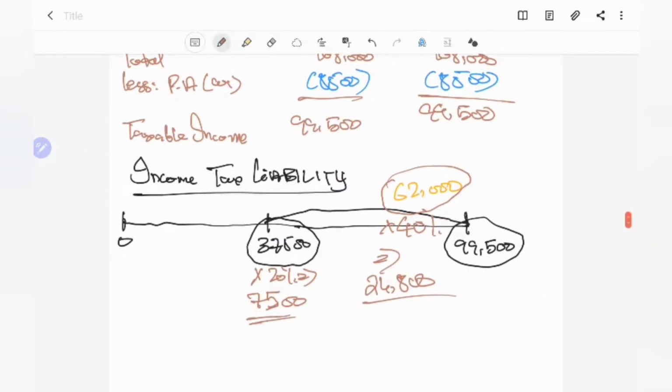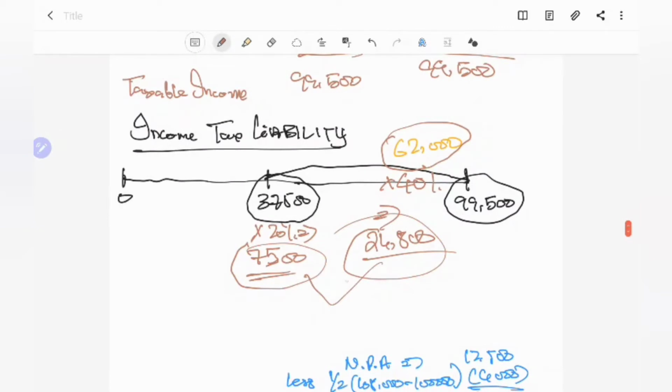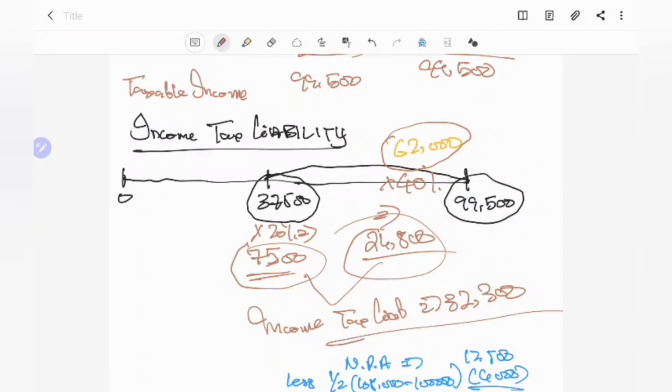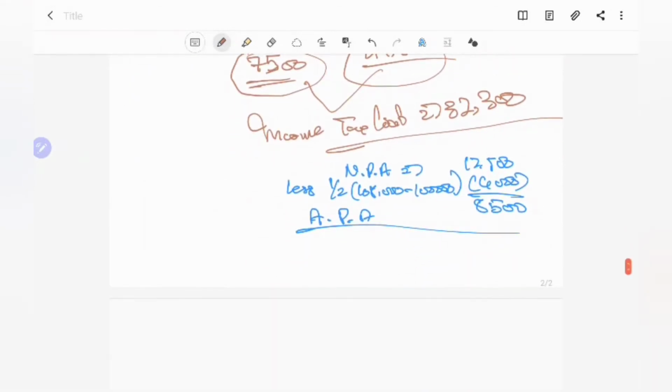Yes. So the total tax payable, income tax liability, is 32,300. That's the example.